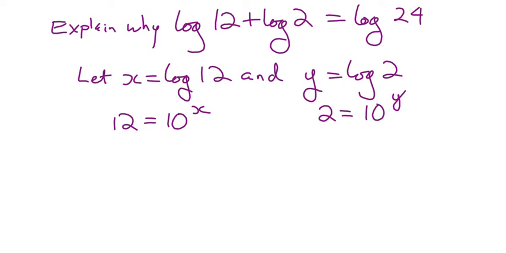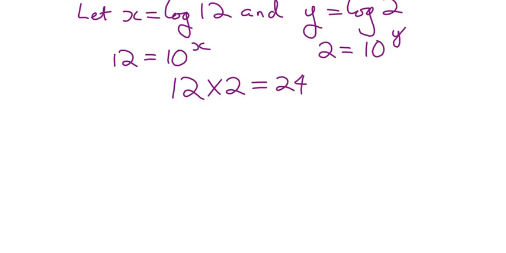Now, we know that 12 times 2 is 24, right? So we write 12 times 2 is 24. And instead of 12, we're going to write 10 to the power x, right? Because we know 12 is the same as 10 to the x. And instead of 2, what are we going to write? 2 is 10 to the y, and that's equal to 24.